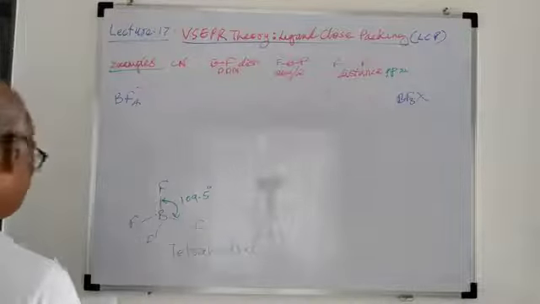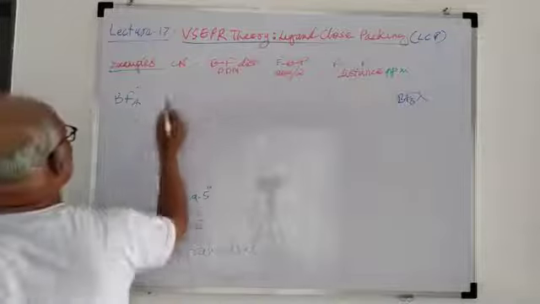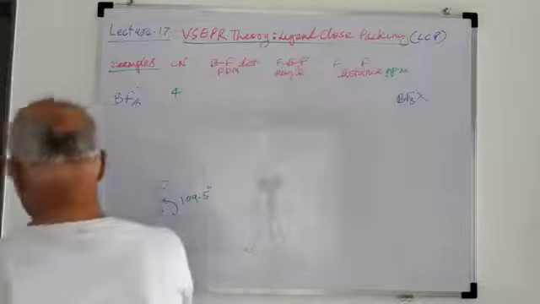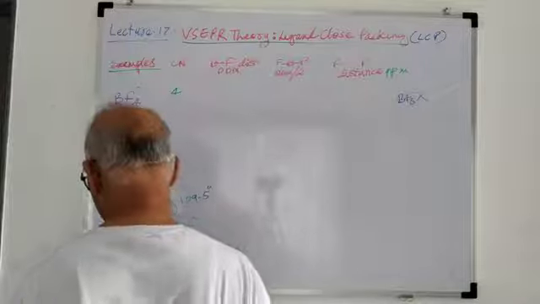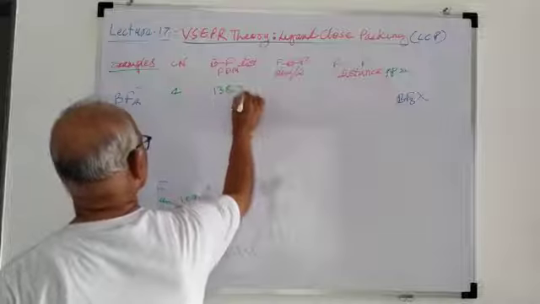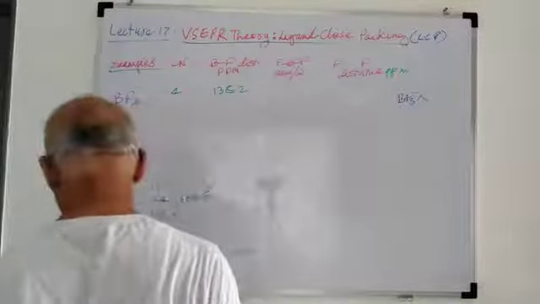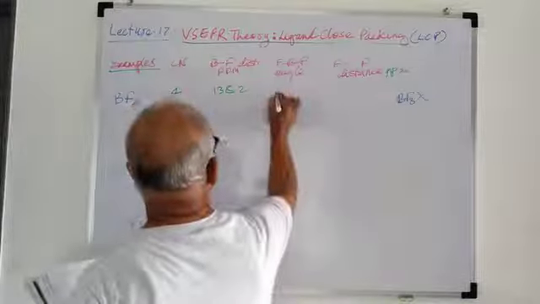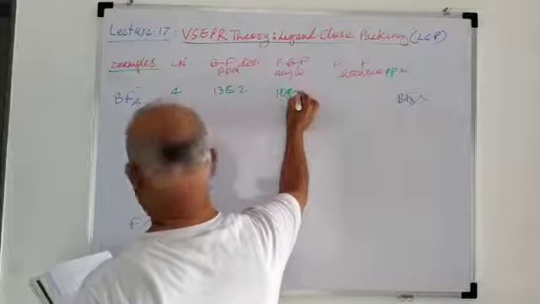So if we see the coordination number here, it is 4. The BF distance, you will find, is 138.2. Then the bond angle FBF is 109.5.